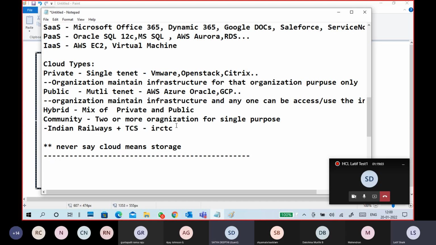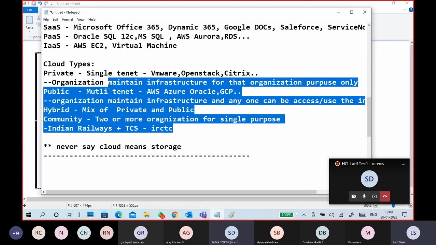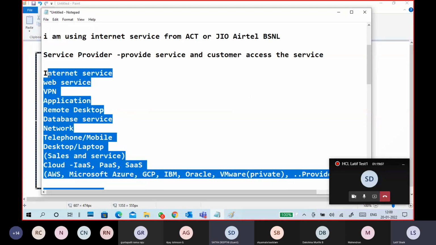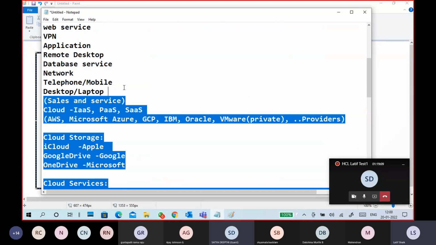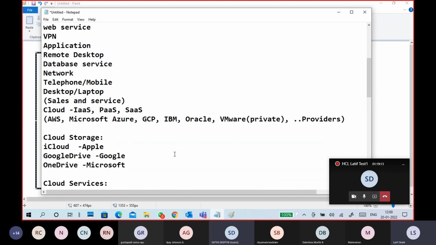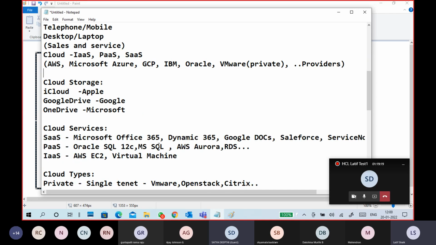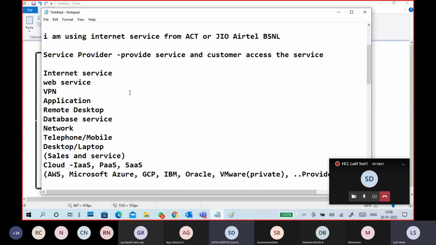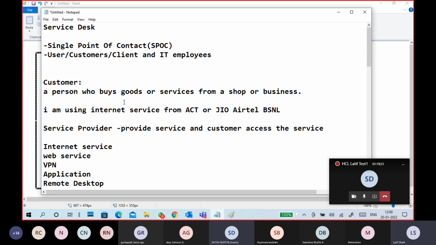Even though some of you got confused because I told service desk and then I changed to cloud services, and whenever I switch to cloud services, my service desk thing goes a little bit back, right? So why do I mix like that, guys?